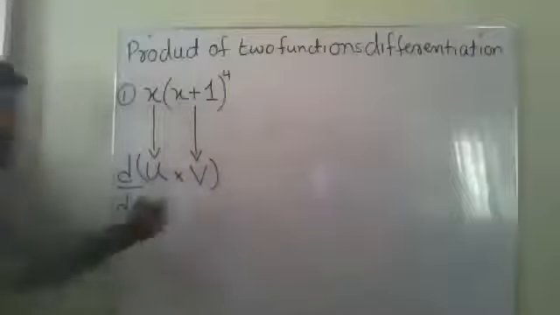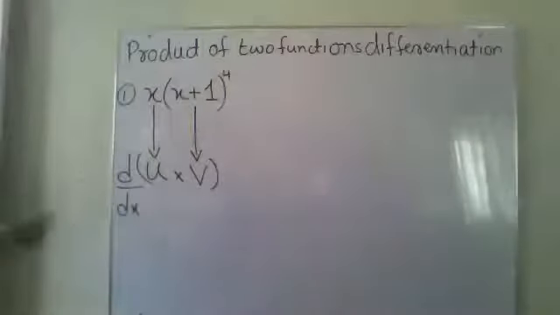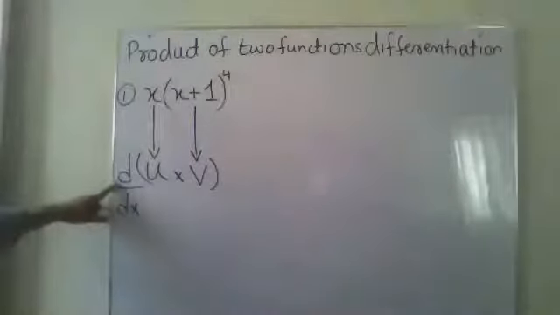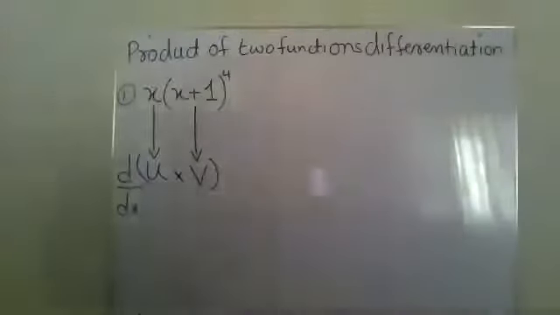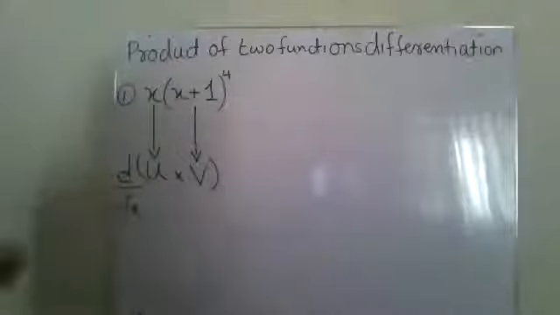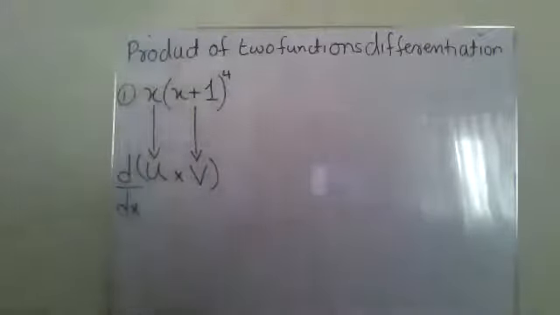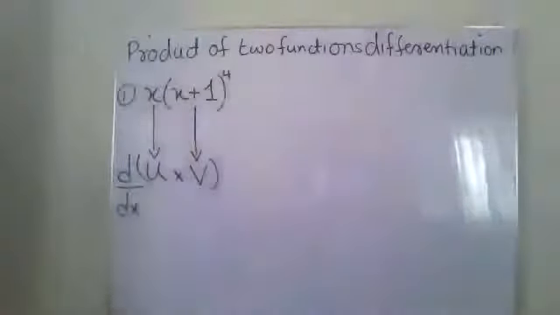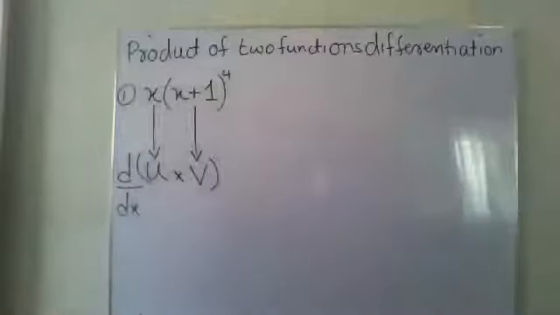I'm writing a symbol so you guys can be familiar now. Wherever I'm having this thing, it means differentiation is getting started. Now, if you have got a product of functions, how are you going to differentiate it?